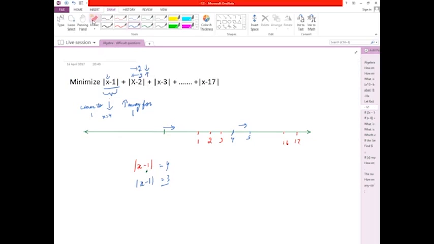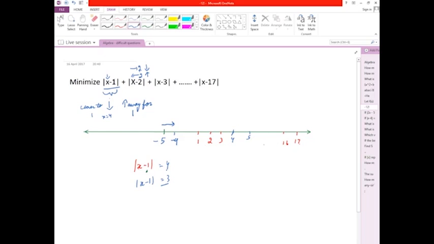Now let's start moving on this number line. Let's say I am somewhere here, minus 5, or somewhere to the left of all these numbers. So we have 1 to 17 in there. We are at minus 5. Now we move towards minus 4. The distance has decreased for all these points, right?